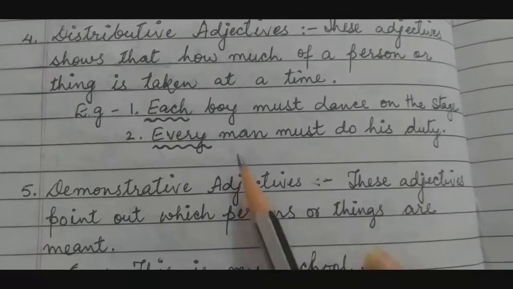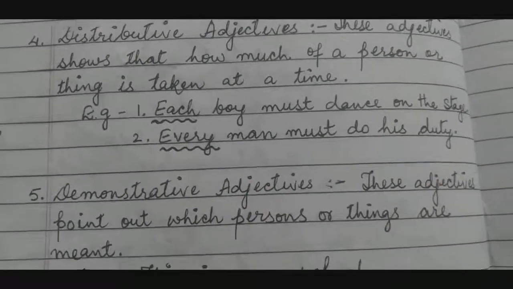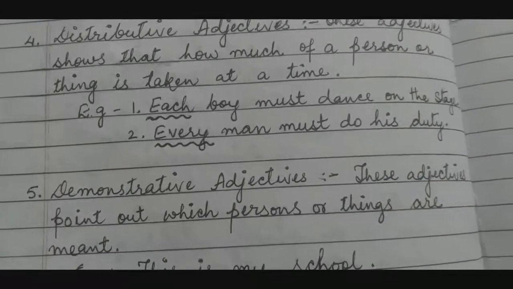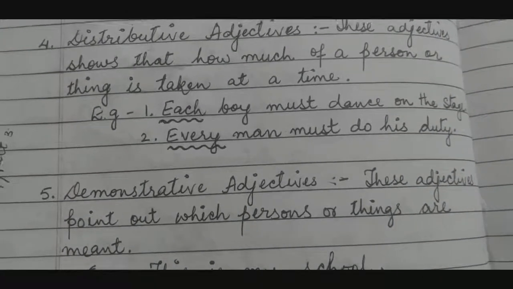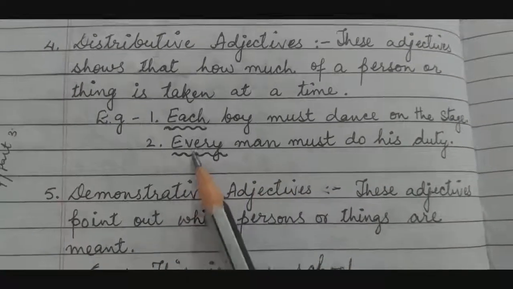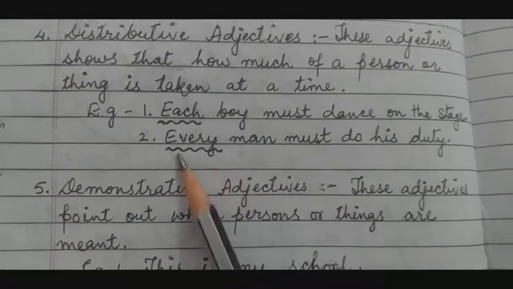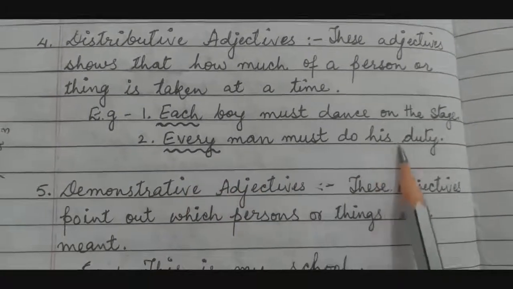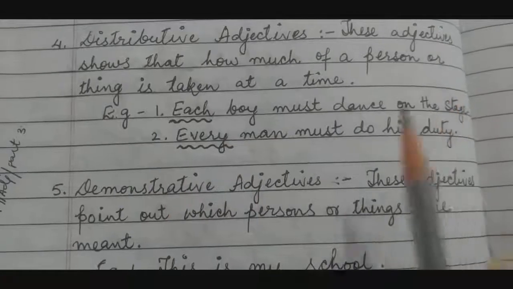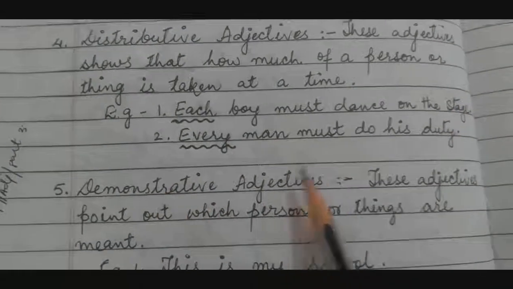If I only say man must do his duty, you can understand that man, इंसान को अपनी ड्यूटी निभानी चाहिए. But how many men, how many people? Every, that means हर एक व्यक्ति को. Every man must do his duty. It means whoever is there in the world must do his duty.